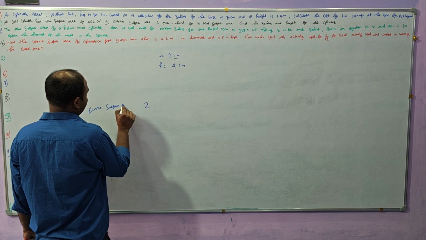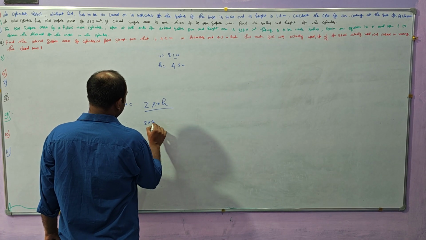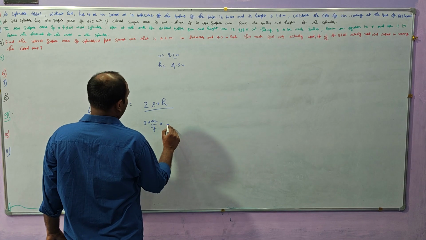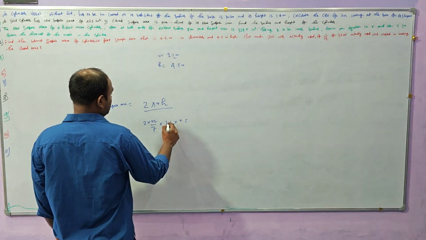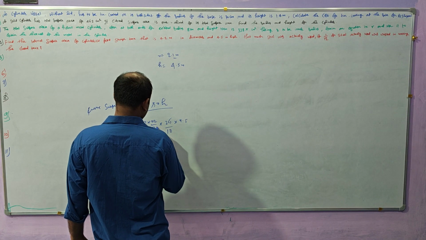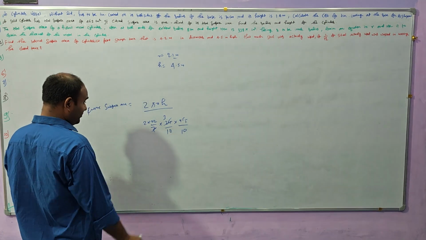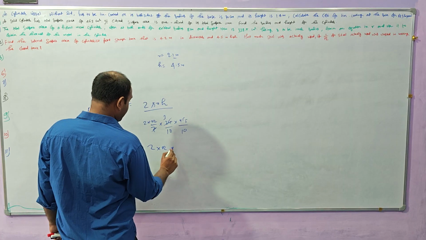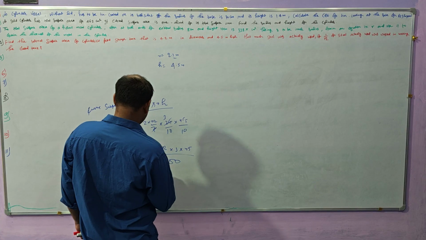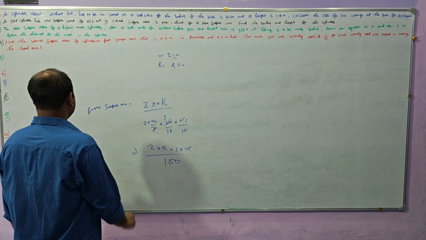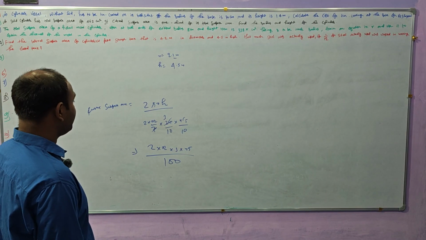Curved surface area is 2 pi r h. So 2 into 22 upon 7 into r becomes 2.1 and height becomes 4.5. So we get something like this: 2 into 22 into 3 into 45 divided by 100. And from this we get the lateral surface area of the cylindrical petrol storage tank.